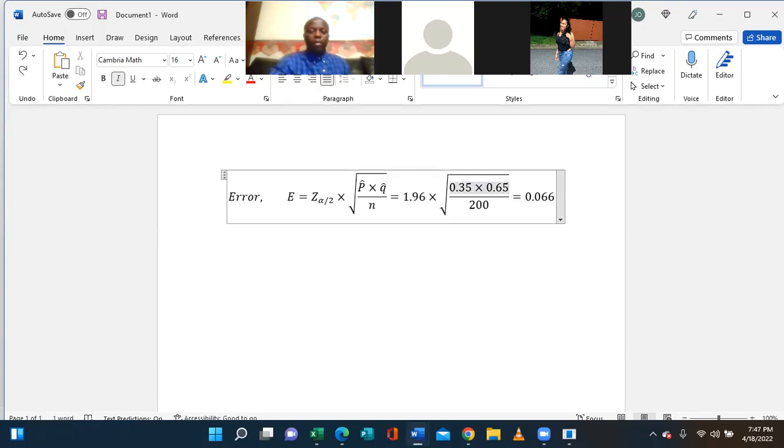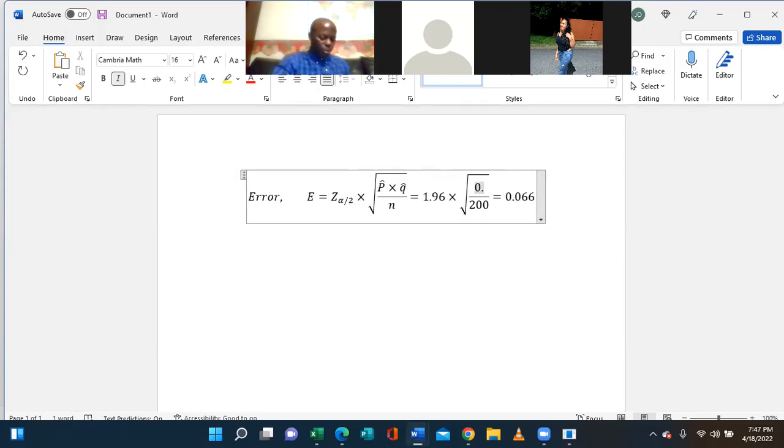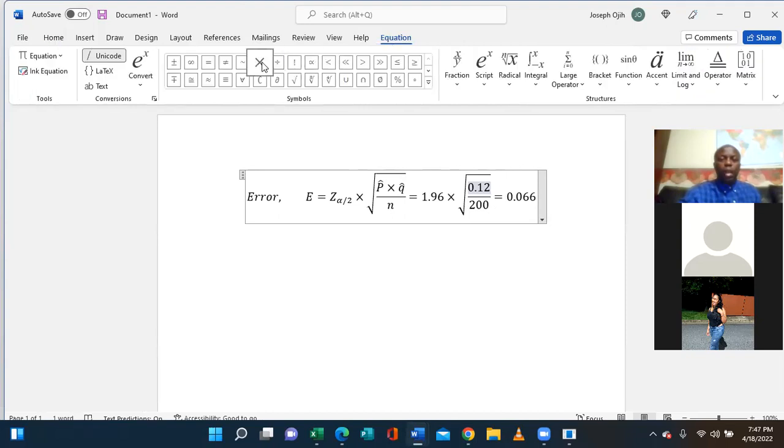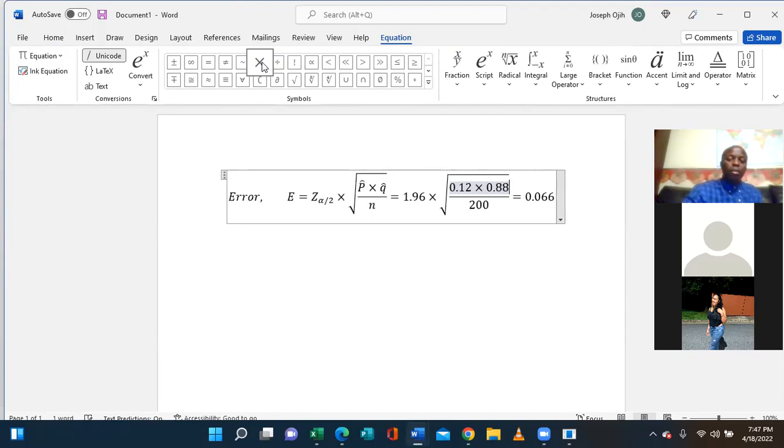Here we're going to have 0.12 times 0.88 over 200,000.